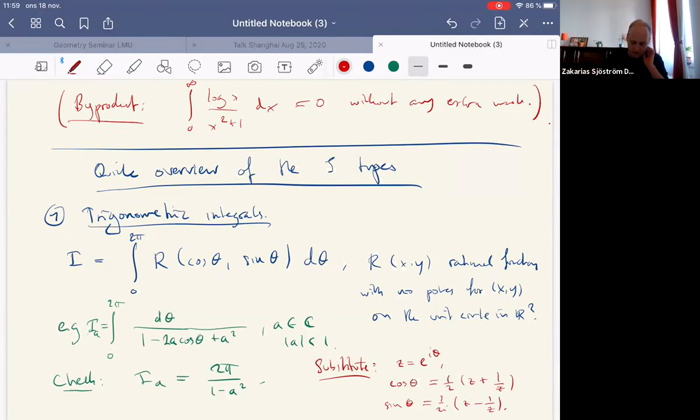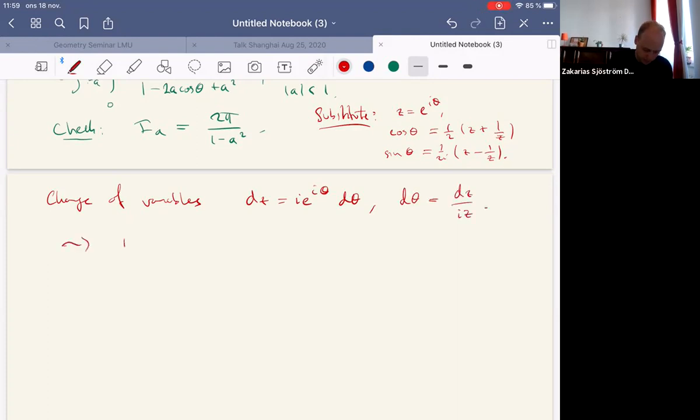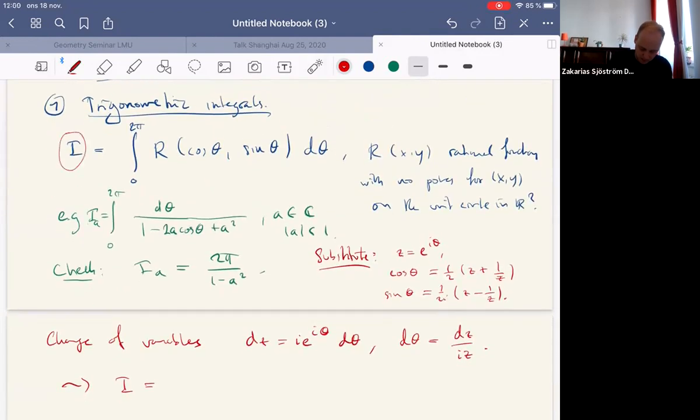Okay, and when you make this change of variables, taking into account that dz is then equal to i e to the i theta d theta, if you just brush up on your change of variables from calculus, you will get this. And this will lead to computing this I. This was I up here.